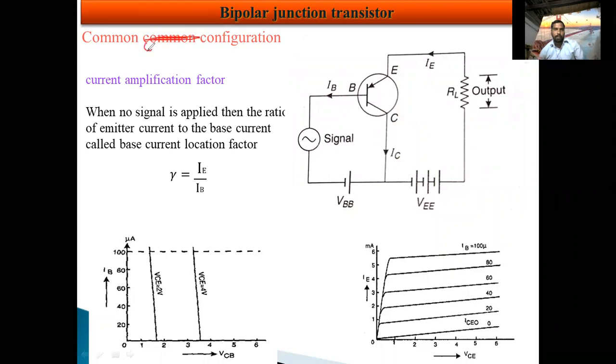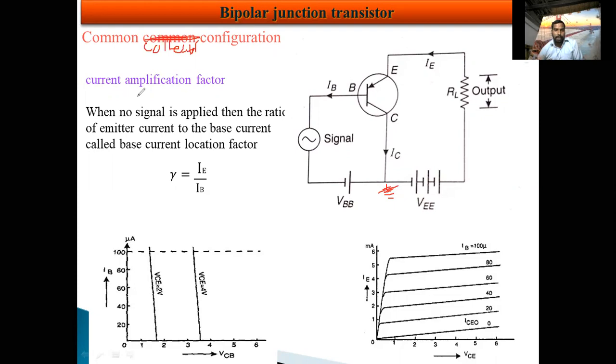This is the common collector configuration. It can be shown with a PNP transistor. This is the common for the input and output. C is the collector. This is the common, and B is earthed.